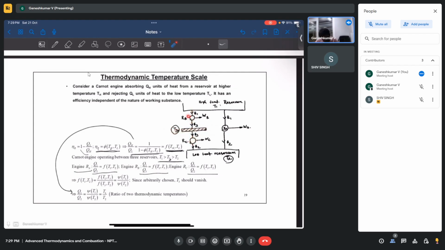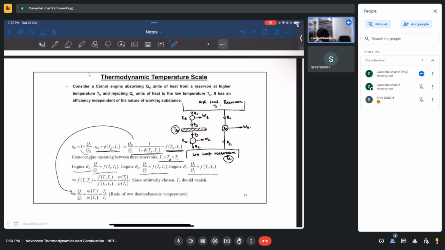This RB and RC are also reversible, and it takes Q from one side and gives it to this temperature T3. Then from here you take Q and give it to Q2, so whatever Q comes is stored in this reservoir and the same Q is given here.